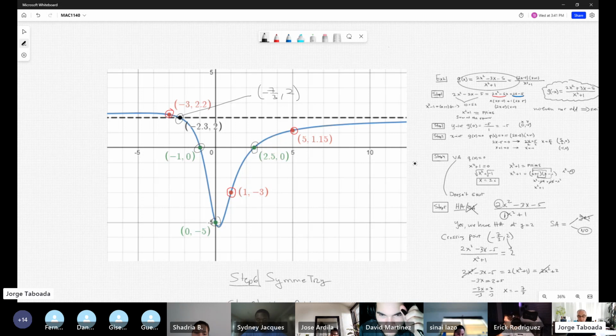And I also remember that this rational function has only one horizontal asymptote at y equals, I don't remember, 2. There you go. And we have no vertical asymptote. The vertical doesn't exist. Cool. This is the graph. End of the story.